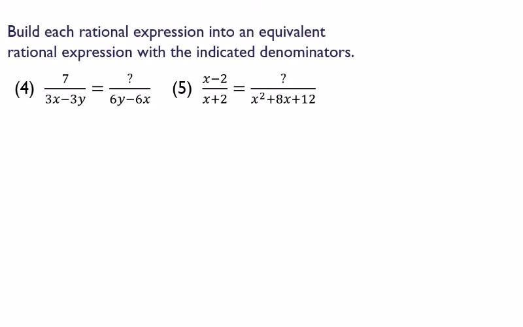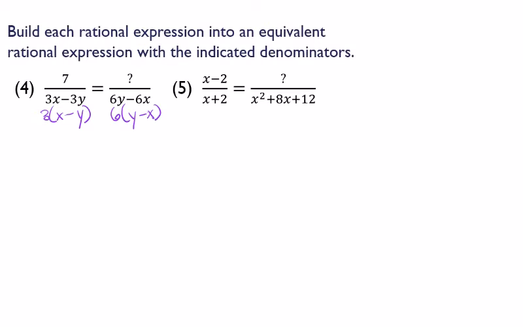So here we have a couple more. This time we have variable expressions in the bottom, right? So this one's a little trickier. So what I would recommend doing is to factor the denominator. So we have 3 as a common factor, and then x minus y. And here we have 6 as a common factor and y minus x. So how would I get from 3 times x minus y to 6 times y minus x? Well, first of all, 3 times 2 equals 6, right?